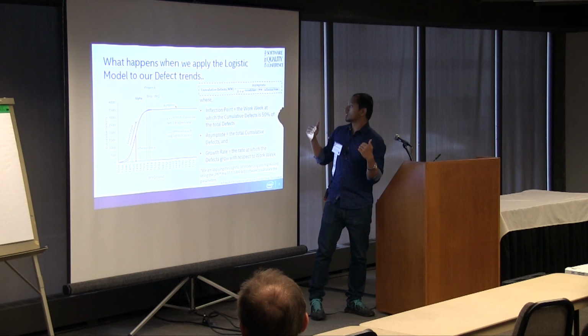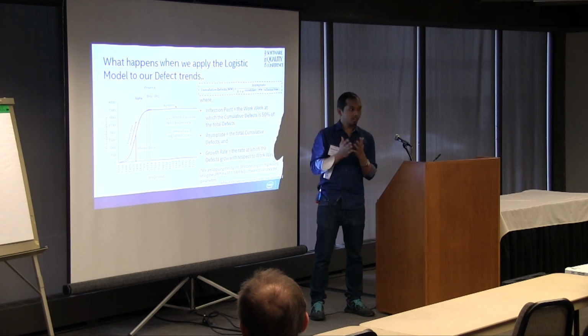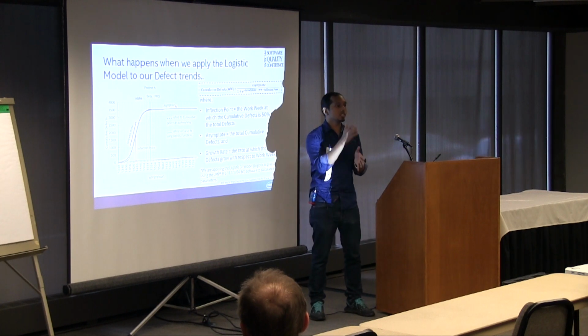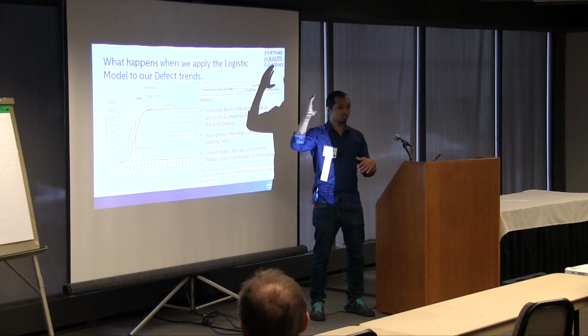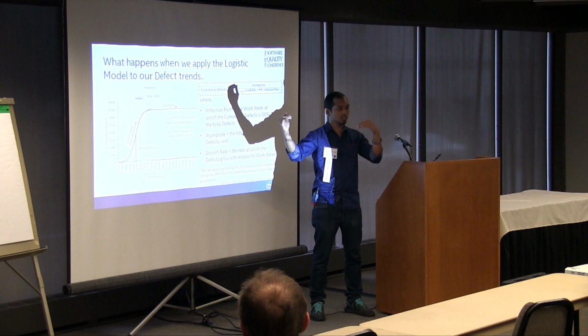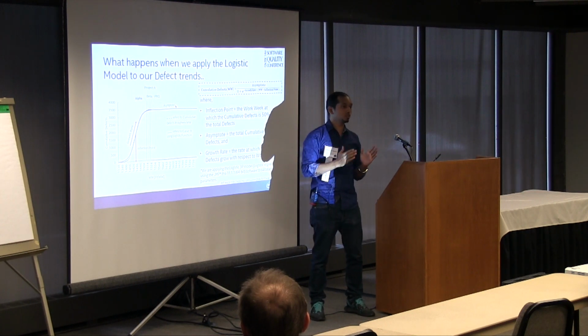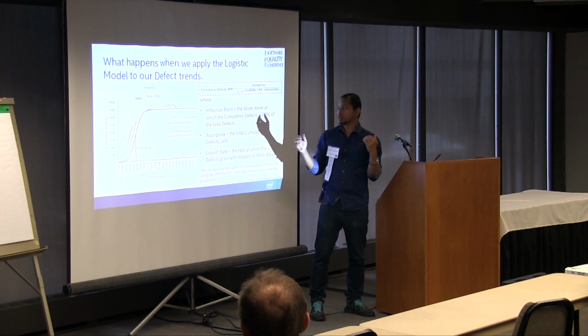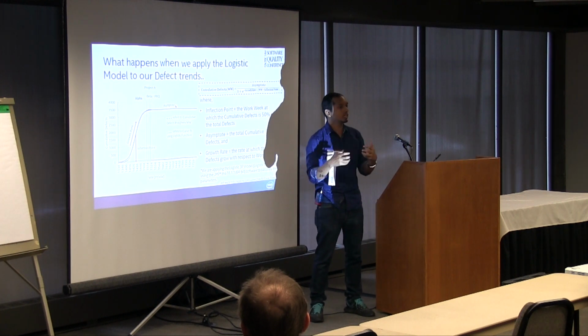The third parameter is the inflection point, which is the work week at which we see 50% of the defects. When you have 3,500 defects as your asymptote, the work week at which you see 1,750 defects is your inflection point. So we need these 3 parameters to replicate our S-curve.